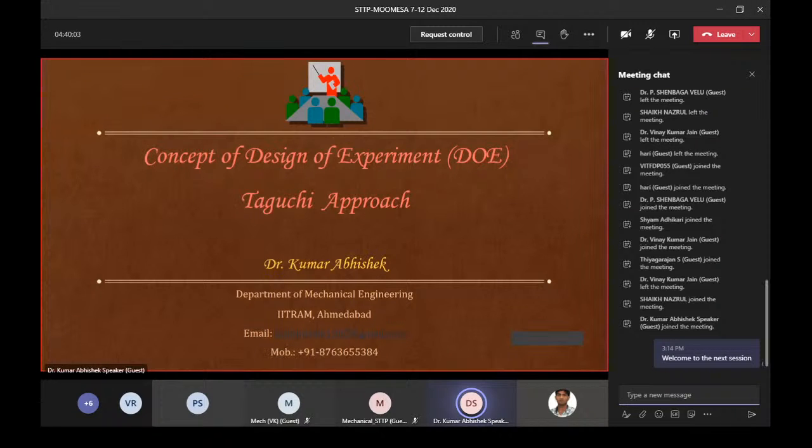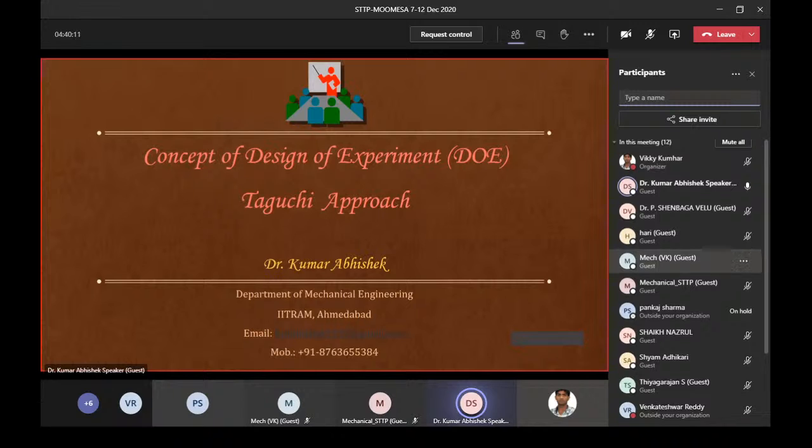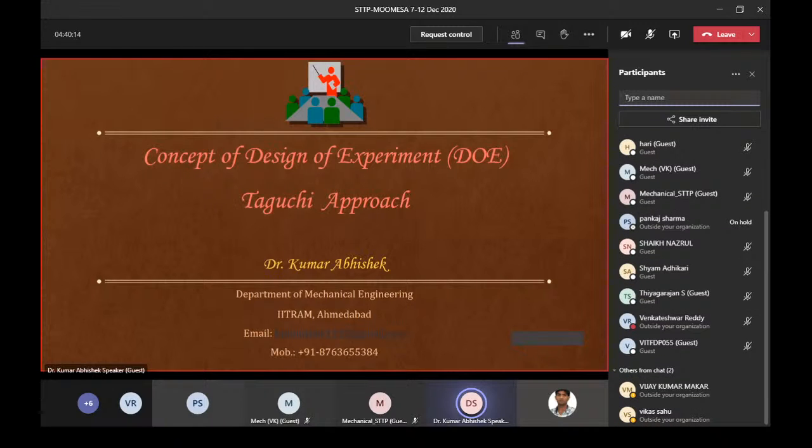Once the number of factors increases, or its levels increase, the total number of experiments also increases, which ultimately results in more cost and time.